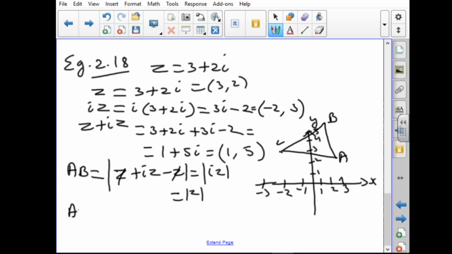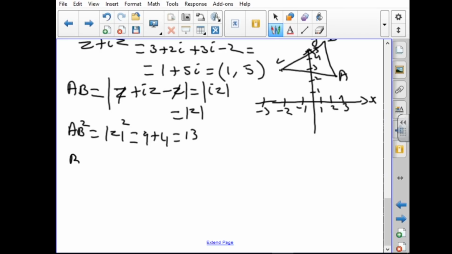Therefore, AB square will be modulus of z square. Modulus of z is the square root, so the root is removed: 9 plus 4, which is equal to 13.